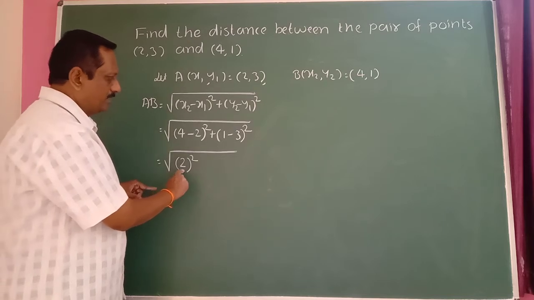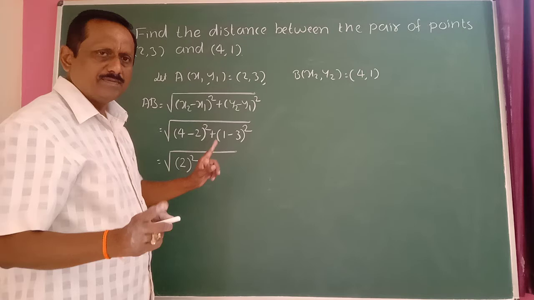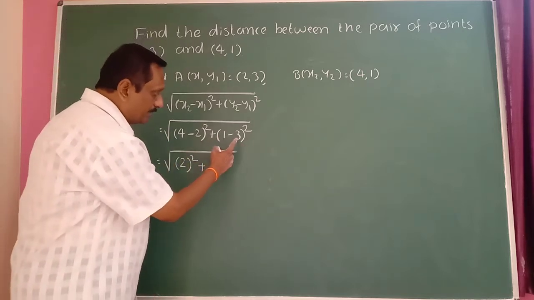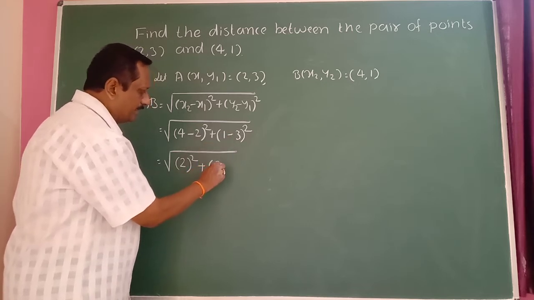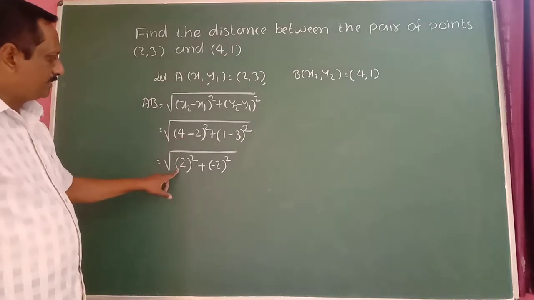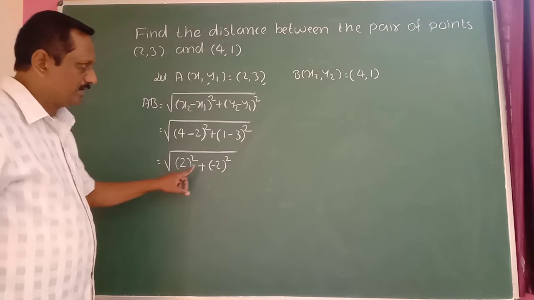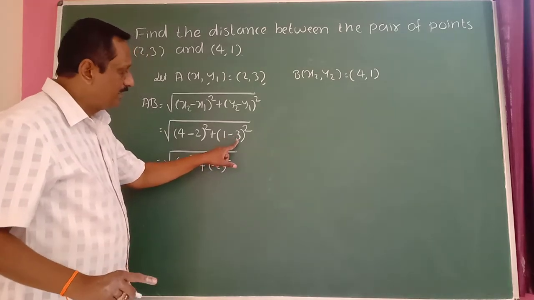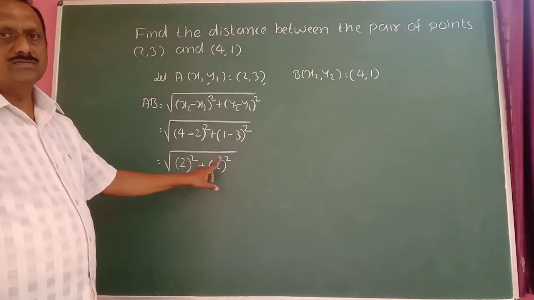Then here also one is positive and the other negative, subtract: 1 minus 3 gives 2, but the bigger number 3 has the minus sign, hence it is minus 2 square.